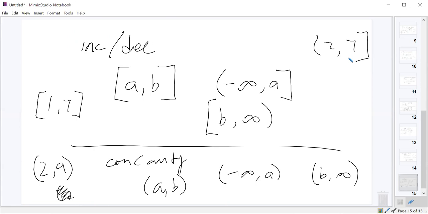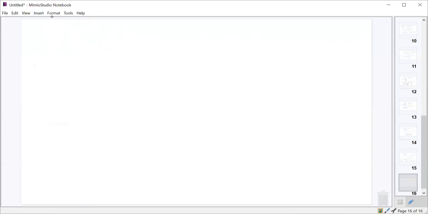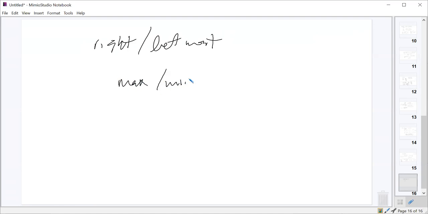All right. Let's take a second and think back to parametrics again. So if I give you a parametric and I ask you for the rightmost or the leftmost points, we've got to remember that this is just a max or a min of the x.